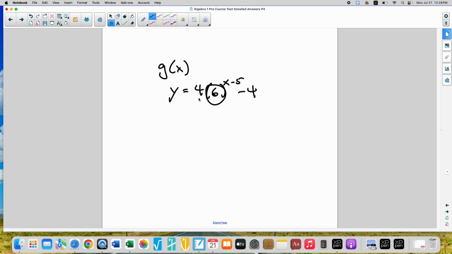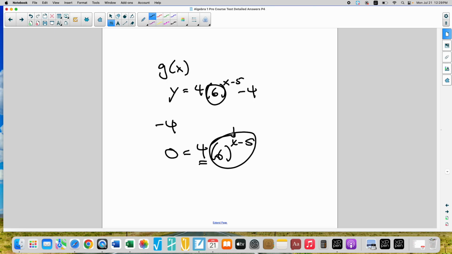Why would this not equal -4? Adding the 4, that would be 0. This will never equal 0. There's no value. This is never going to be a negative value.